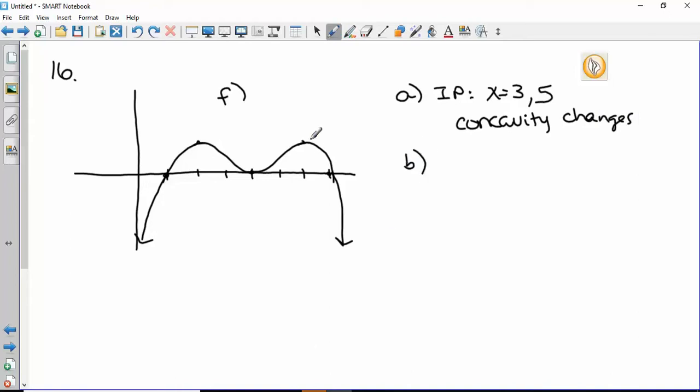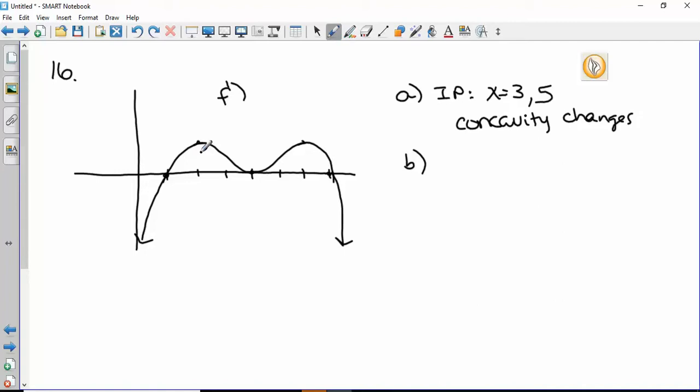Second, now let's pretend this is the first derivative. Inflection points happen when the second derivative is 0. If this is the first, I will have an inflection point when the derivative of this thing is 0. When would this derivative be 0? When you have maximums and minimums, right?